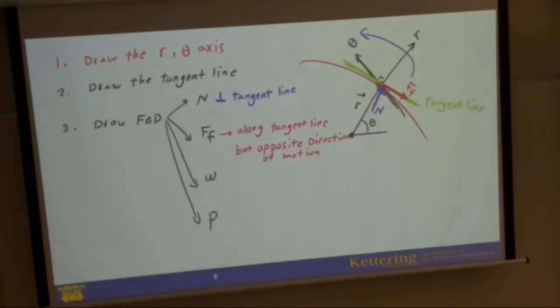The next one is the weight. How can we draw the weight? It depends. Why? It depends on whether this motion happens on a horizontal plane or it moves along a vertical plane.